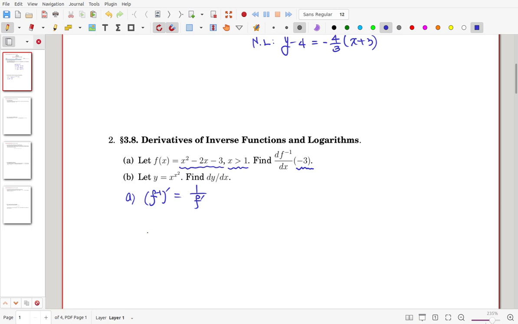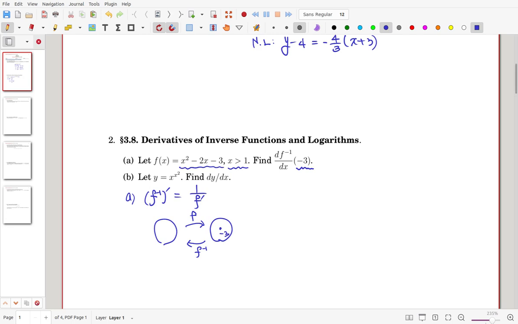Pictorially, we can explain this in this way. Here are the domain and range of f. Then f inverse is defined on the range of f, and now we want to get the slope of f inverse at -3.